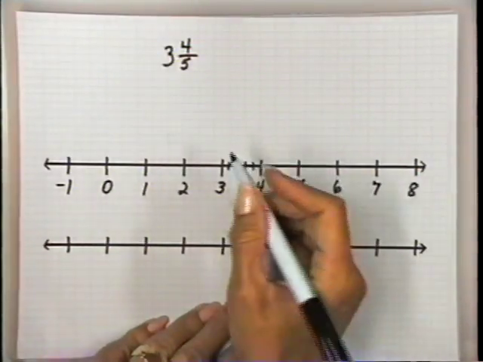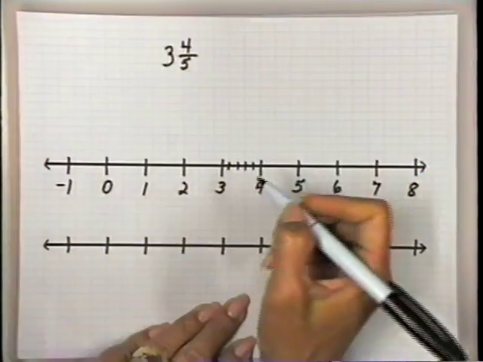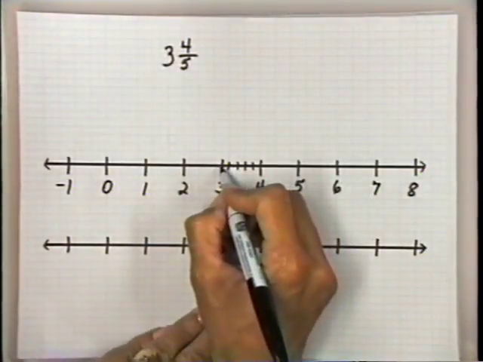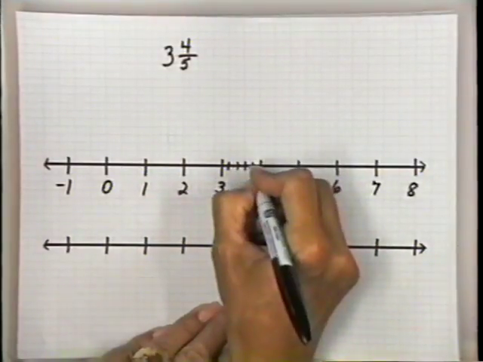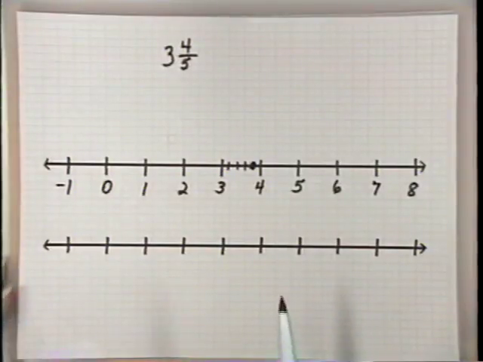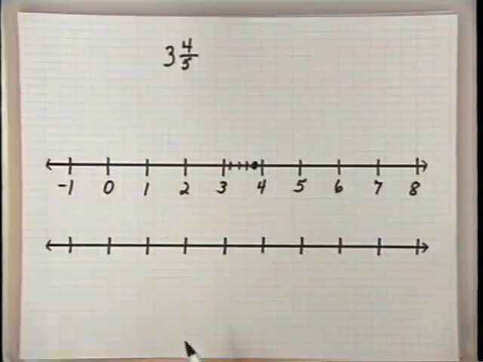When I say 4/5, then I need to move 4 of those equal units. Each of those small units is called a fifth. So from 3 we'll go 1/5, 2/5, 3/5, 4/5. So this is the point on the number line that represents the mixed number 3 4/5.